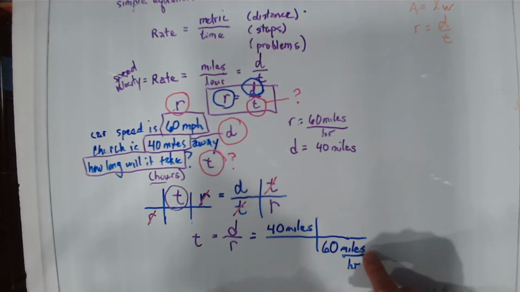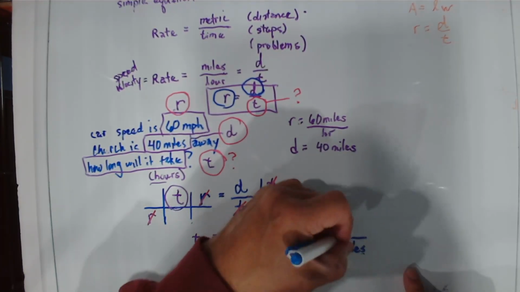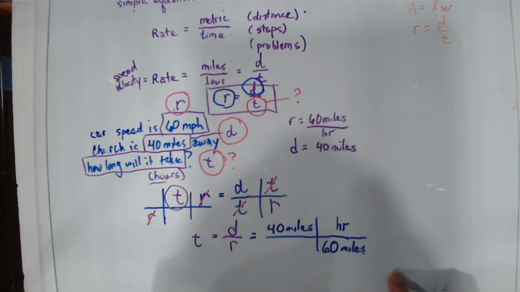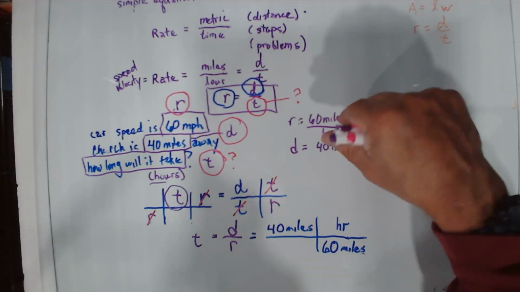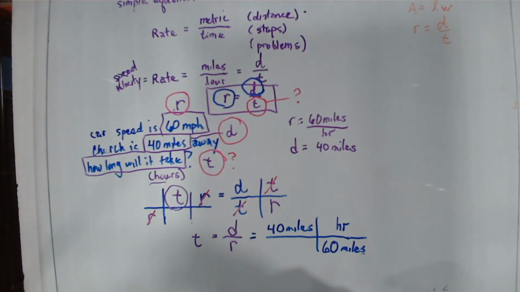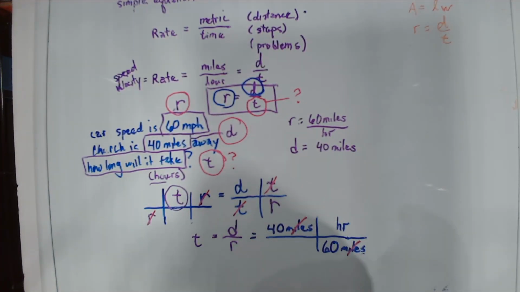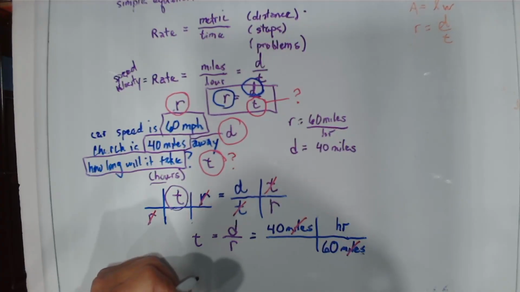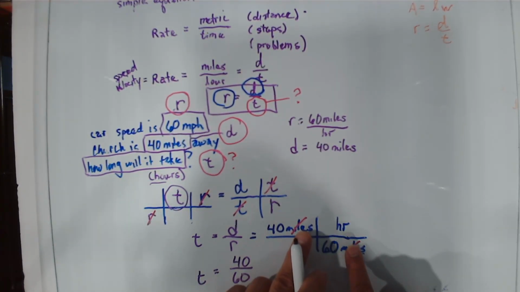But since we have a fraction here, we just invert that, and the miles will stay here, and we'll put the hours on top. So all you're doing is using this and flipping it over. So let's see what happens to our units. Our miles, you can see, cancels out, and we end up with T is equal to 40 divided by 60. And what are our units? See, miles are gone.